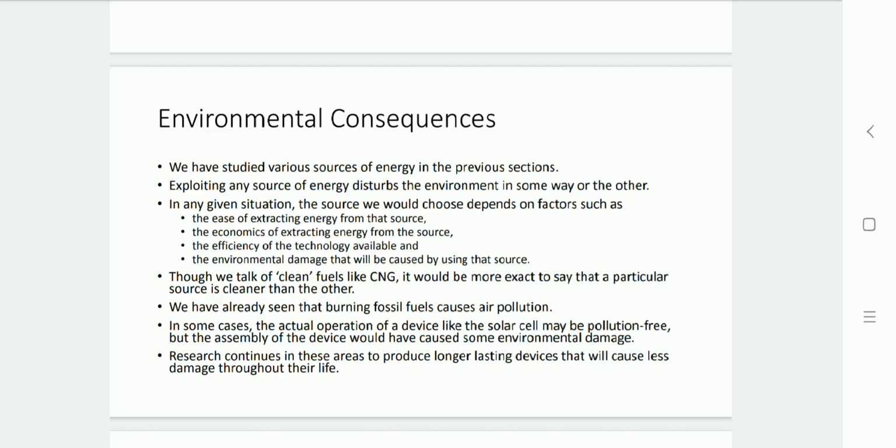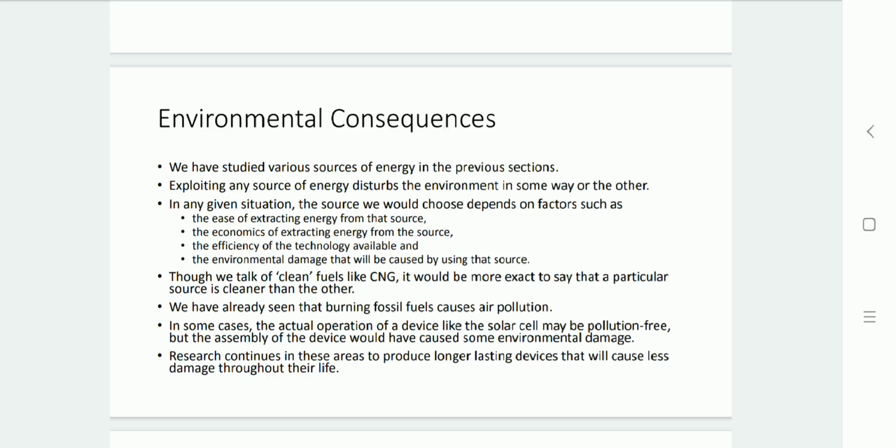First, the ease of extracting energy from the source. Second, the economics of extracting energy from the source. Third, the efficiency of the technology available. And fourth, the environmental damage that will be caused by using that source. We need to verify all four criteria, and based on that, choose the source of energy.